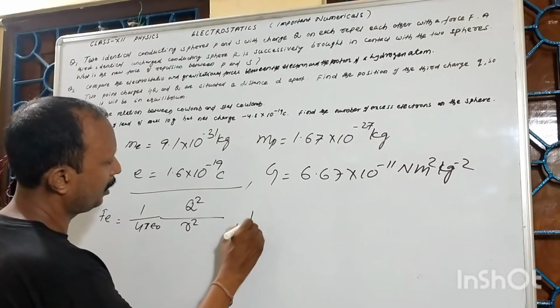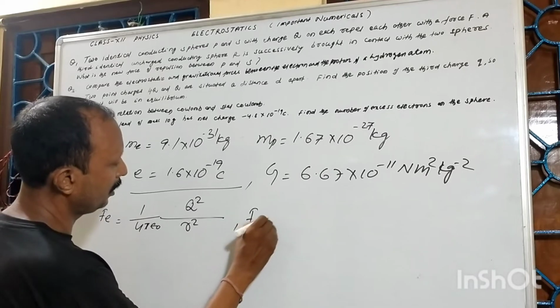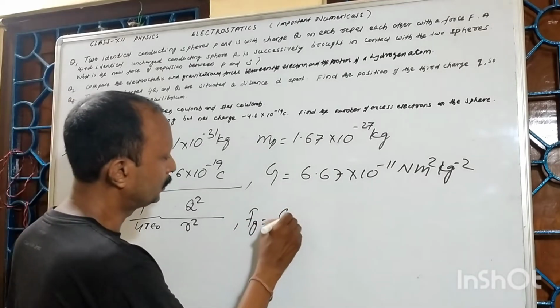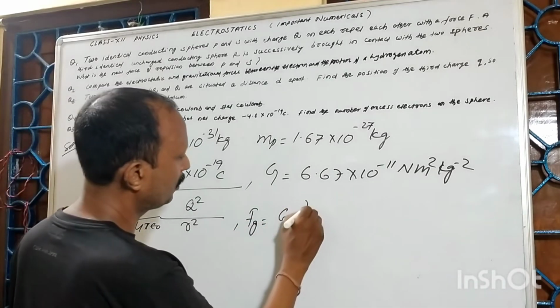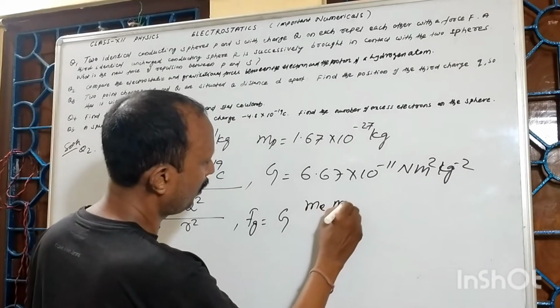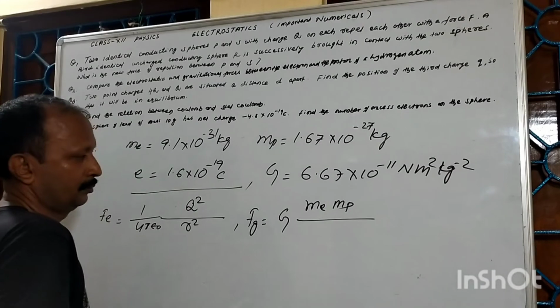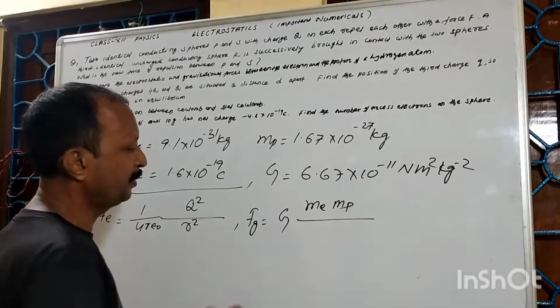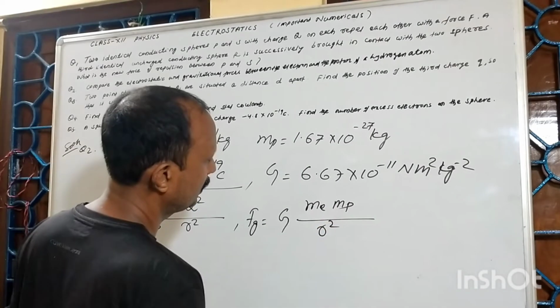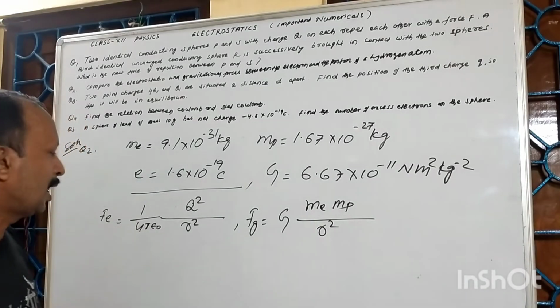At the same time, the gravitational force is equal to G into mass of electron into mass of proton divided by the distance between them, that means r square.